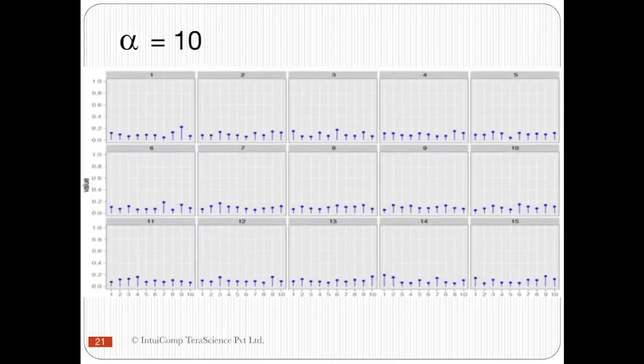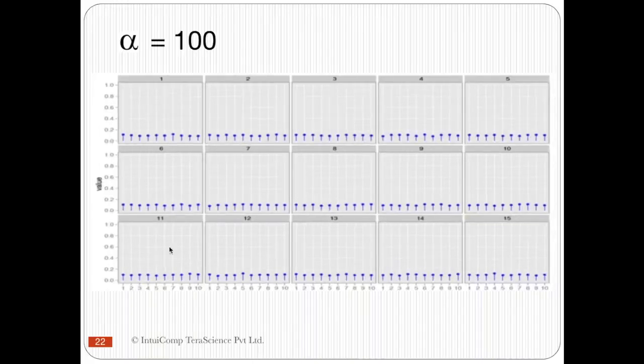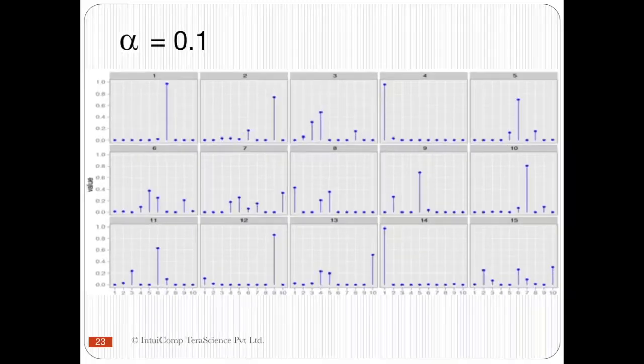Let us look at alpha equal to 10. As I increase the number, it chooses probability distributions having an equal amount of probability throughout. As I increase it further, you can see that all of these are almost equal now. Once I decrease it to 0.1, you can see how the values shoot up and change.